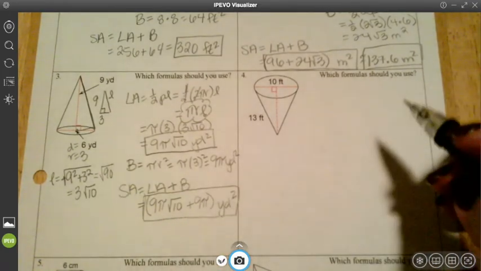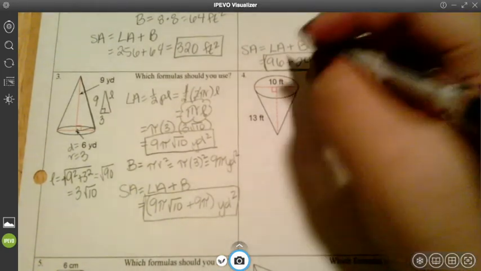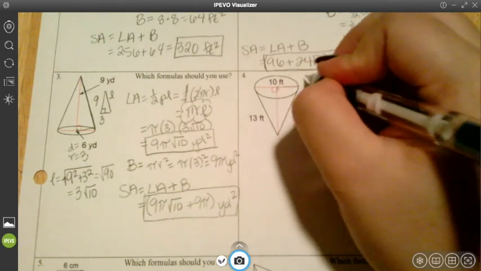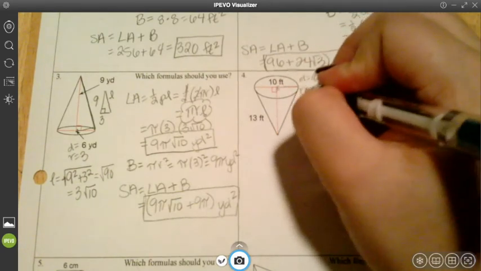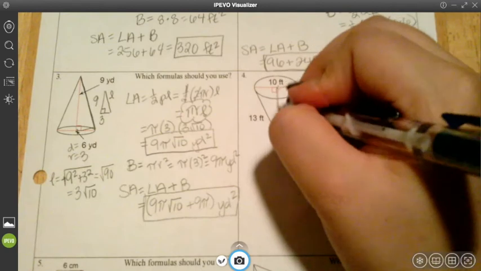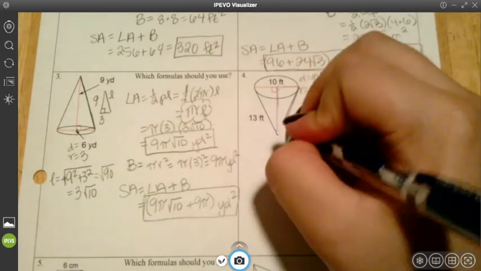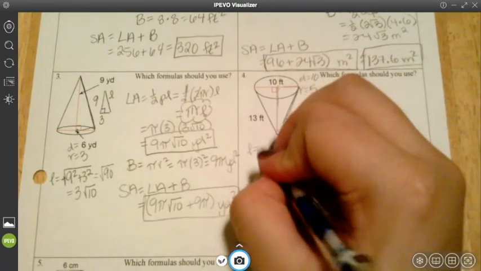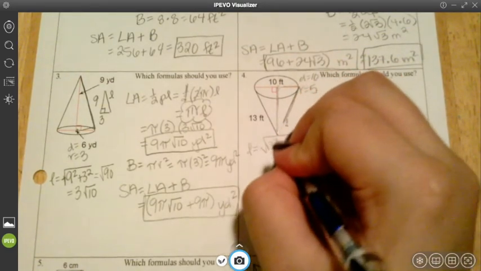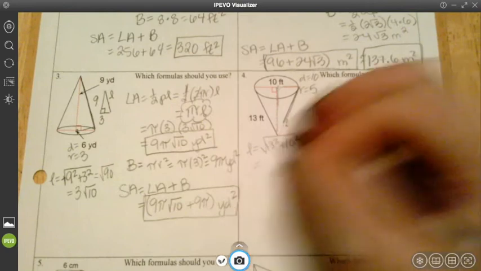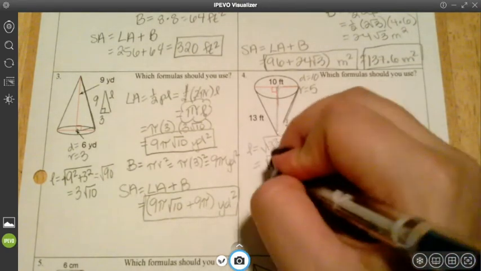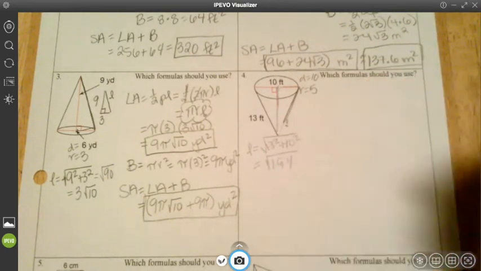For number 4, it's very, very similar. We have here a diameter of 10, so we have a radius of 5. We have a height of 13, which means we need to find the slant height. The square root of 13 squared plus 10 squared, leaving us a square root of 194.